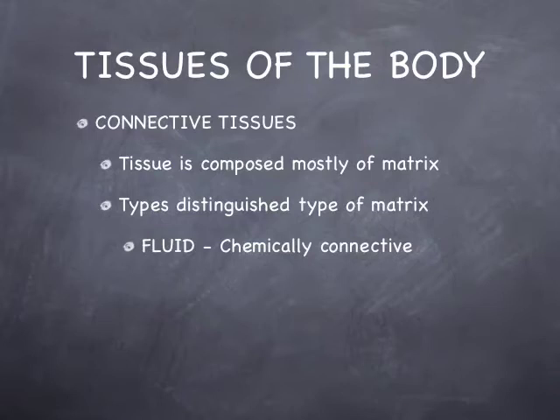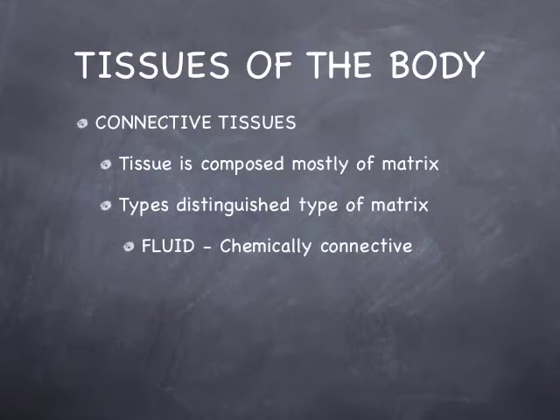Is there a matrix? What would the matrix be? Plasma, exactly. Plasma is the matrix. So we have to think of blood as a tissue. There's more plasma than there are cells, so it fits that matrix. There's more matrix than there are cells in blood, so it fits this connective tissue category.